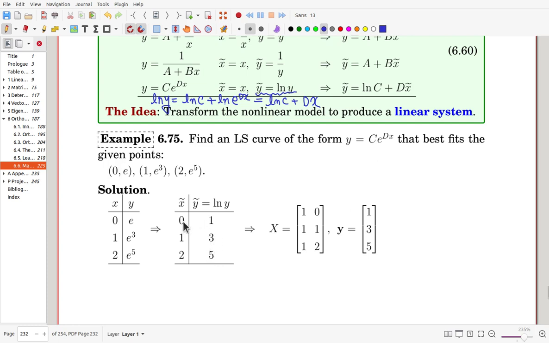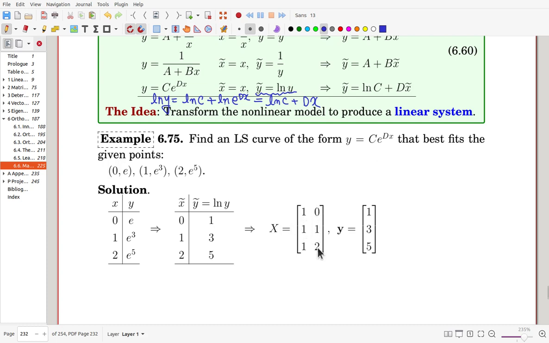Now we may consider this as the x values and this as the y values. For the linear regression model in the matrix system, the first column must be all ones.